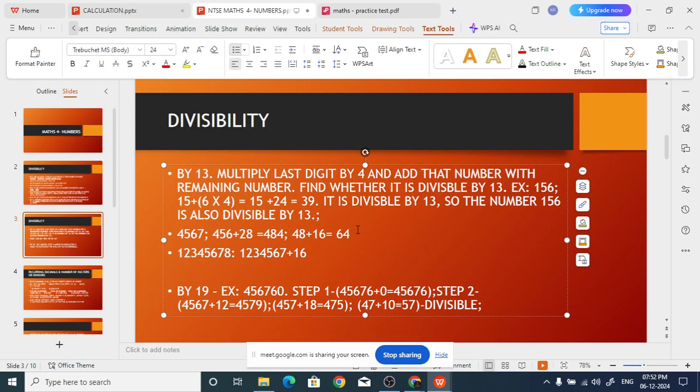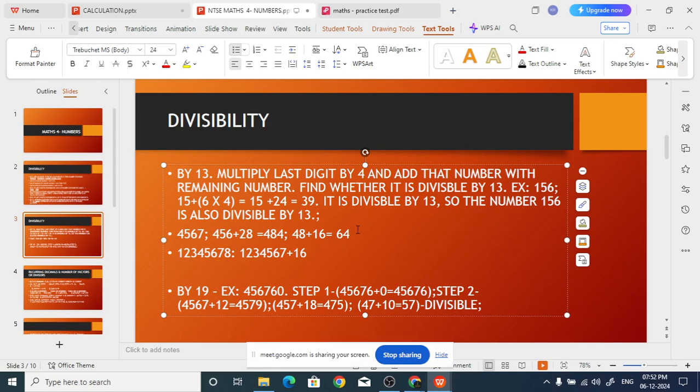Okay. So how do you find whether it's divisible by 19? See, they have given an example: 456760. You take the last digit and multiply it by 2, then add it to the remaining number. So 45676 plus 0 is again 45676. Then the last digit 6 multiplied by 2 is 12.